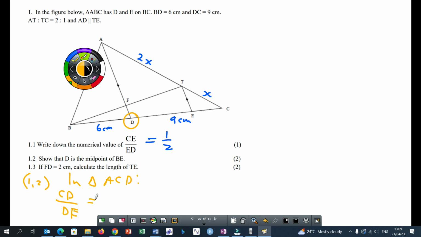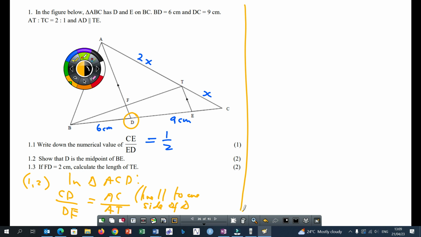Okay, CD over DE is going to be equal to AC over, okay, if I say CD is going to correspond to AC and DE is going to correspond to AT. Right? Then you give your reason here, line parallel to one side of triangle.